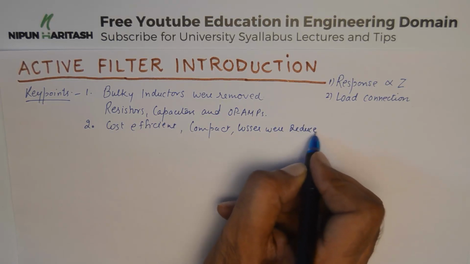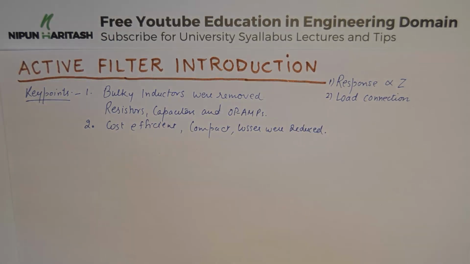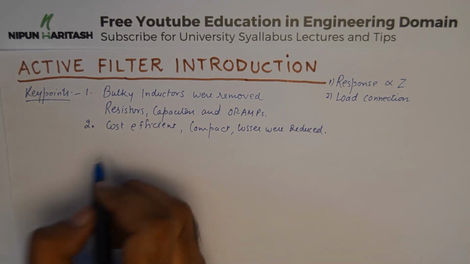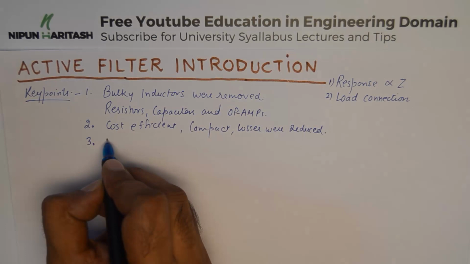So if you can appreciate the fact that inductors being devices which have huge losses because of mutual induction, and electromagnetic losses were curbed in active filters, and they have much higher gain.